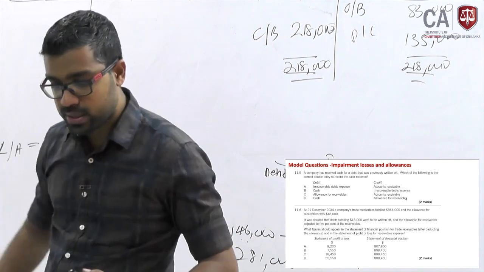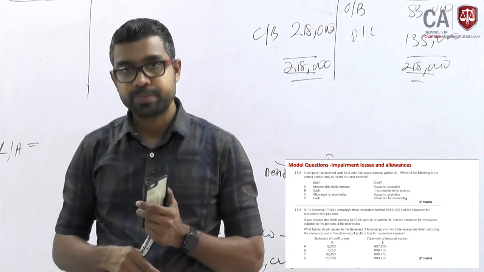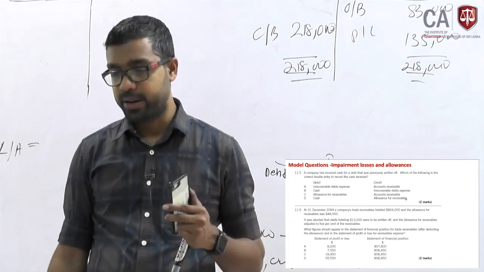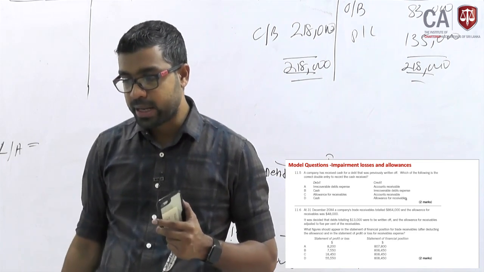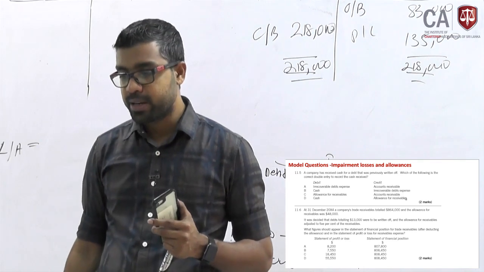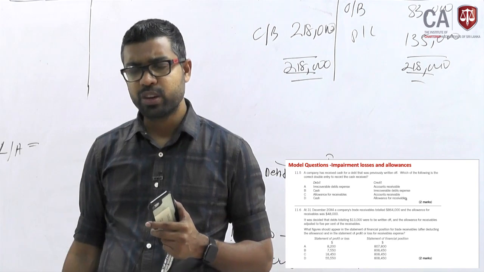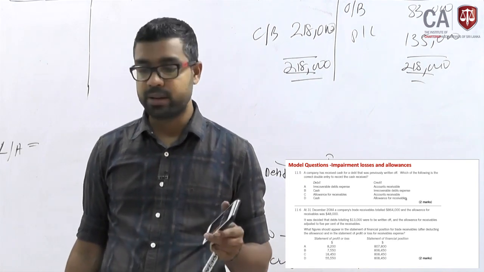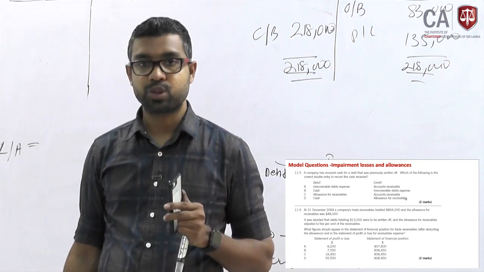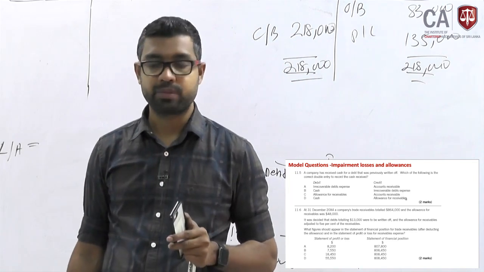Straight away you can remove answers A and C, because when you receive cash, cash should be debited. So B and D you have to read. B: cash debit, irrecoverable debt expense credit. D: cash debit, loss allowance for receivable credit. When you receive an already written off debt, cash is debited and the irrecoverable debt expense, which means the impairment loss account, should be credited. That's the double entry we have discussed.